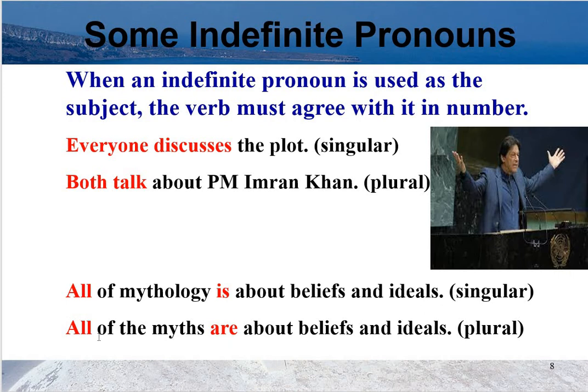Here it is singular. All of the myths are about beliefs and ideals. So here it is are. It depends on the use. If all is in singular sense, we will use auxiliary verb is, as it has been shown in this example. If all is referring to plural, it will have a plural auxiliary verb.